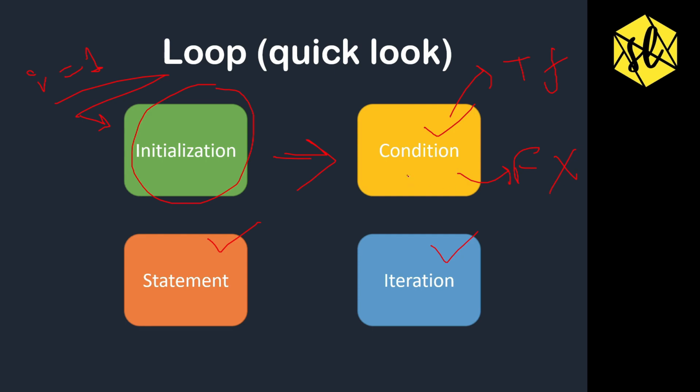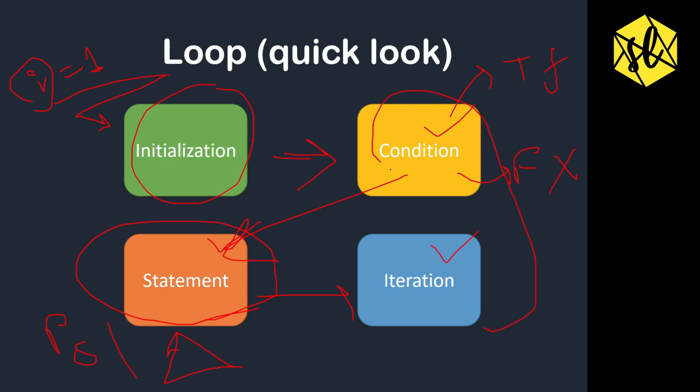After the condition part, we have the statement in which we execute different things: printf, scanf, long programs, pattern printing algorithms, different logics are written here. And after that the iteration part is the important one here. Why? Because iteration changes the value of the initialized variable, and then that variable is checked again in the condition.